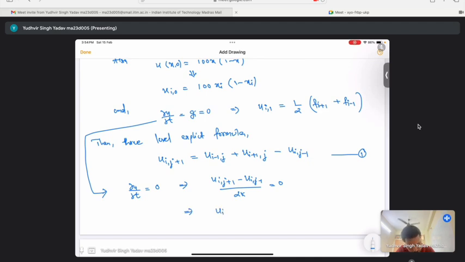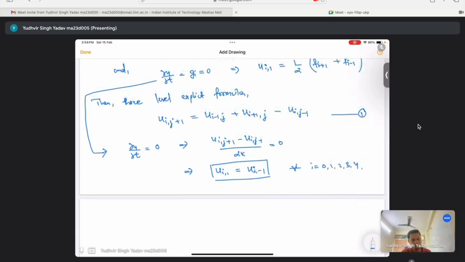This will imply u(i, 1) = u(i, -1). So this is the relation that we obtain for all i = 0, 1, 2, 3, 4. We can just simply use this relation in the given three-level explicit formula.